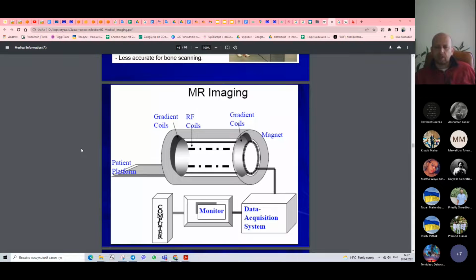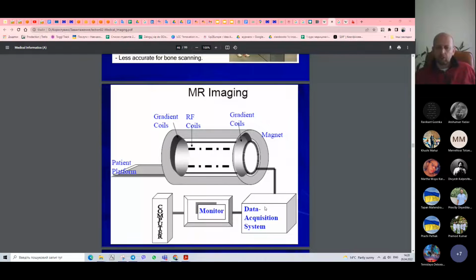And now we can see how this works. We have a platform for the patient which goes inside. Present are the gradient coil, RF coil, and magnet.